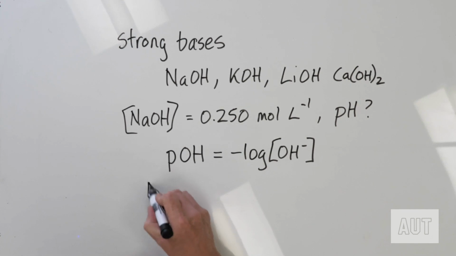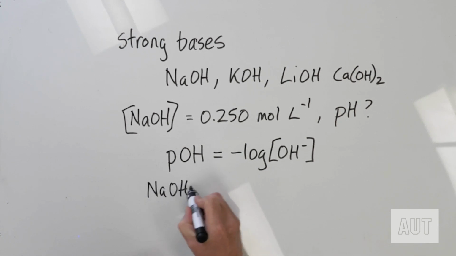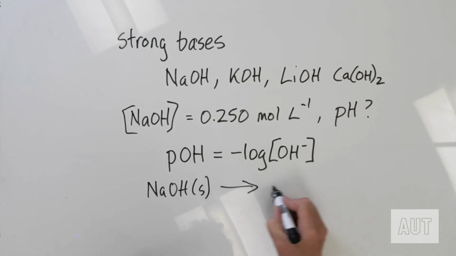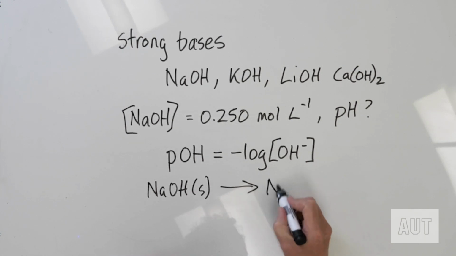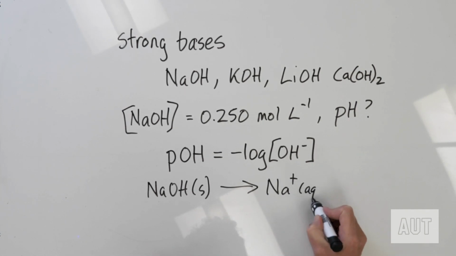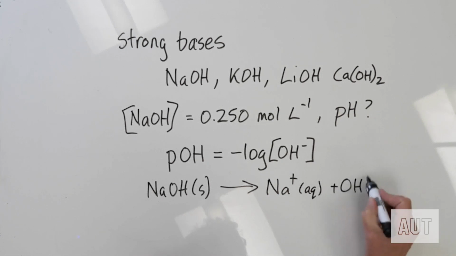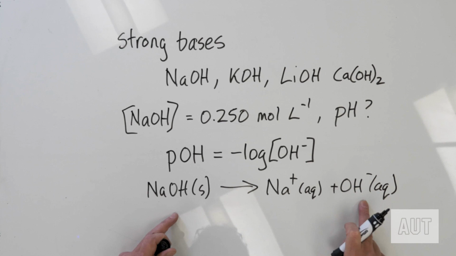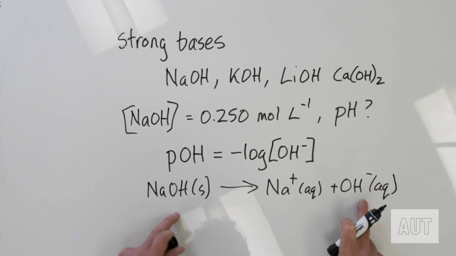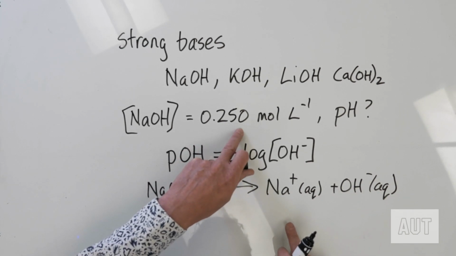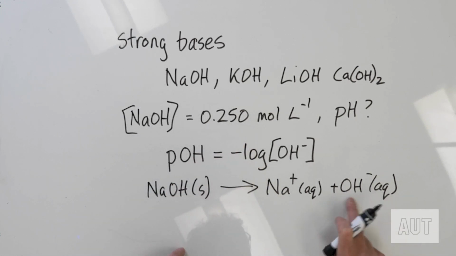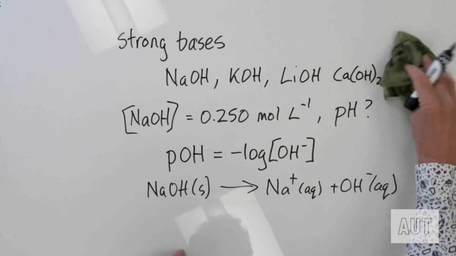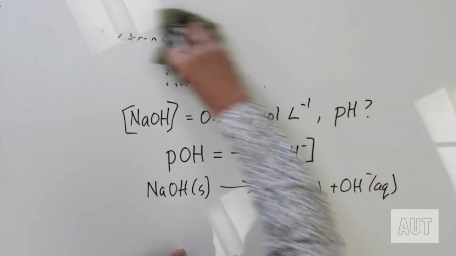Our balanced chemical equation would be NaOH, solid, dissociating completely to give Na+ aqueous plus OH- aqueous. This reaction goes to completion, and so our 0.250 mole per litre solution of sodium hydroxide is going to have an OH- concentration of 0.250 mole per litre.